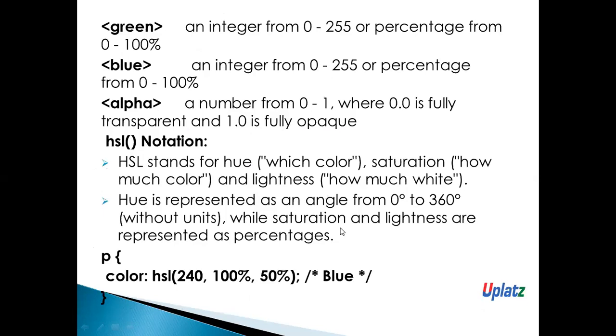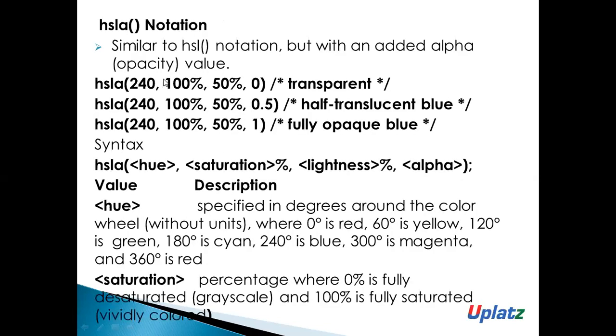Hue is represented as an angle from 0 to 360 without units, while saturation and lightness are represented as percentages. For example, for the element p, color hsl(240, 100%, 50%). The HSLA notation is similar to HSL, but with an added opacity value. hsla(240, 100%, 50%, 0) is transparent, and hsla with 0.5 is half translucent blue, 50 percent opacity. Fully opaque blue for HSLA is 100 percent.